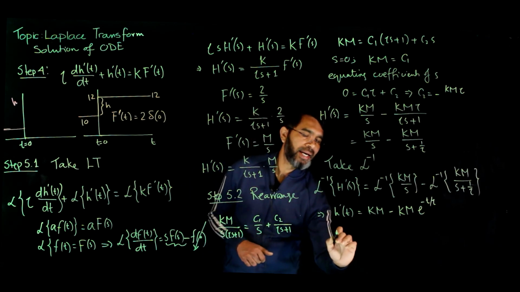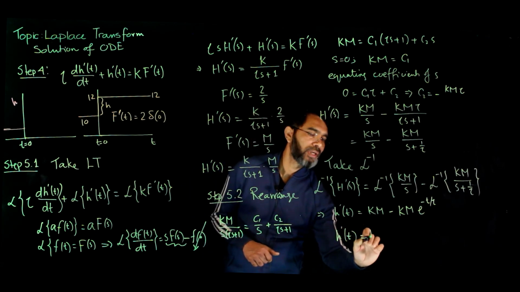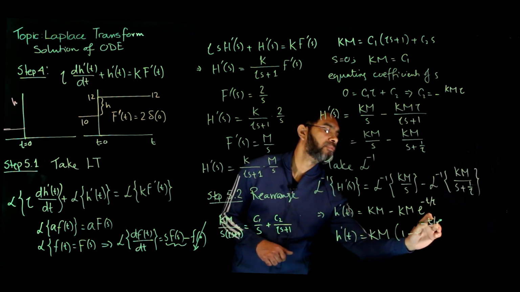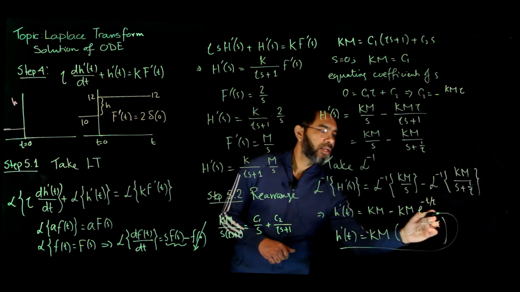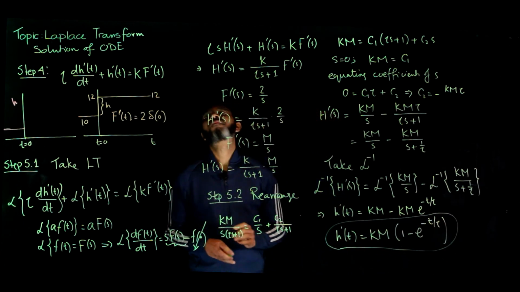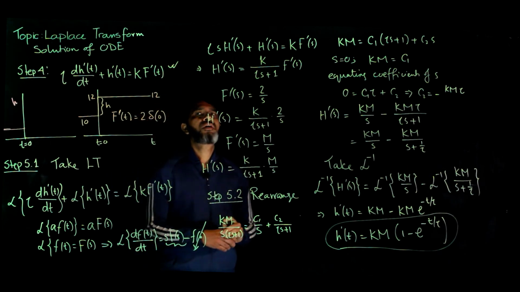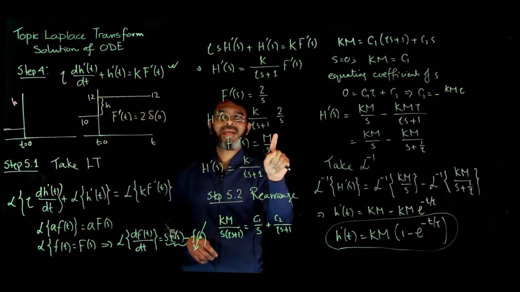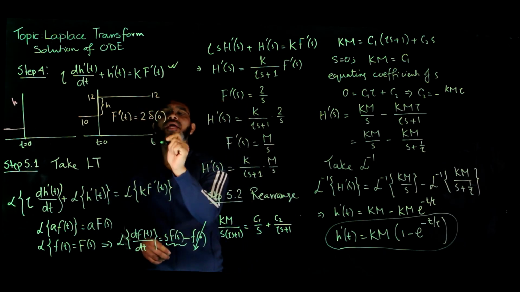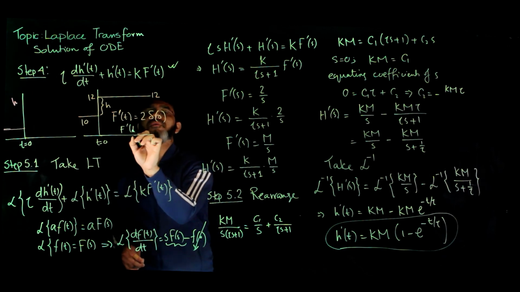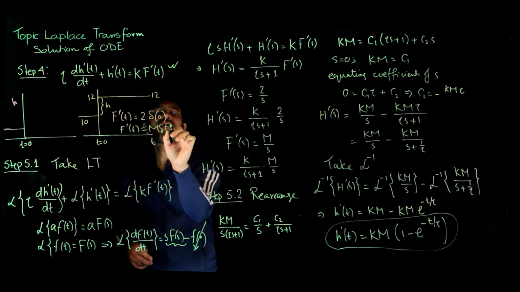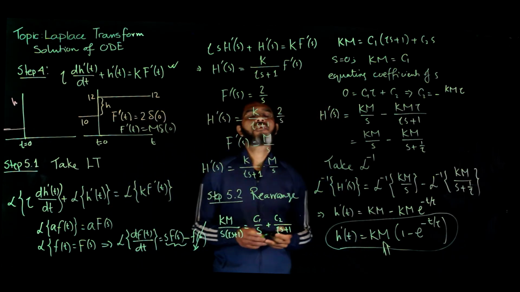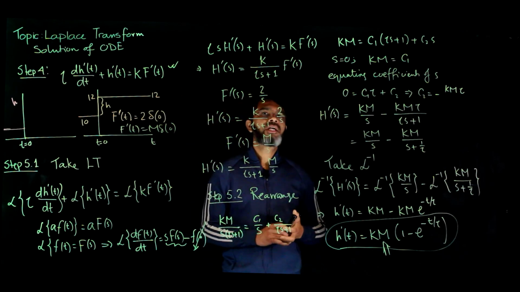So we get h'(t) equals km times (1 minus e to the power negative t over tau). That's the solution of this differential equation for f'(t) equal to m delta naught. Remember this equation, because we'll be using it lots of times as it's the general formulation of the solution of a first order differential equation.